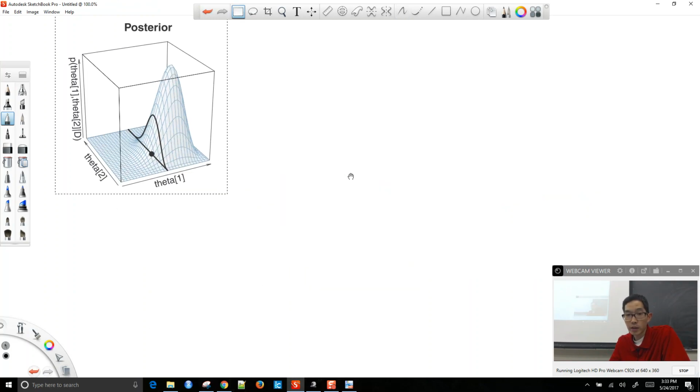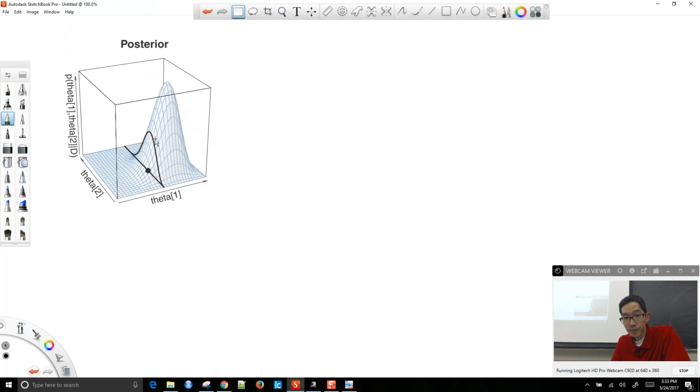And now that we've conditioned at that value, we have a new distribution for theta 2, given theta 1. This is our distribution of theta 2, given theta 1 is equal to whatever value we drew last time at time t plus 1, and the data. Miles?